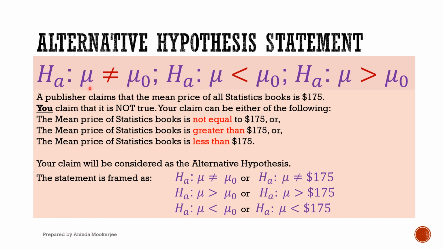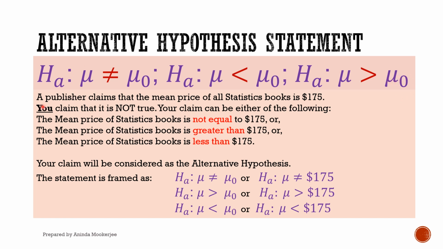You can either say that the population mean is not equal to whatever value it is, or you can say that the population mean is less than whatever the null hypothesis mean claims it to be, or you can say that the population mean is greater than whatever the null hypothesis mean is.